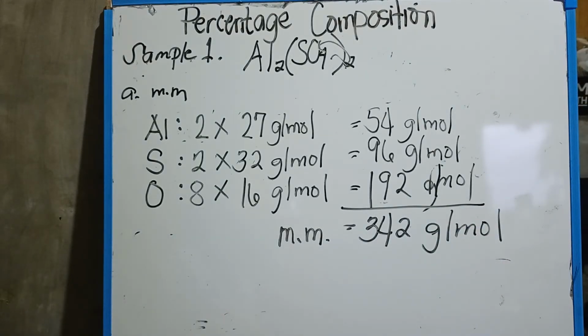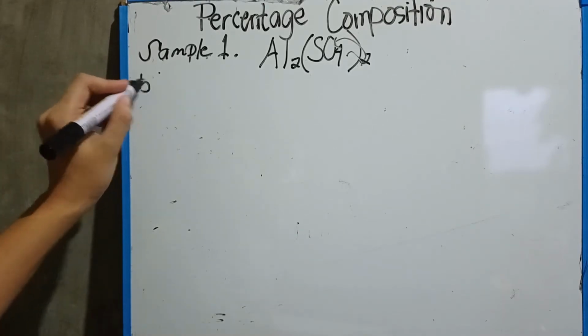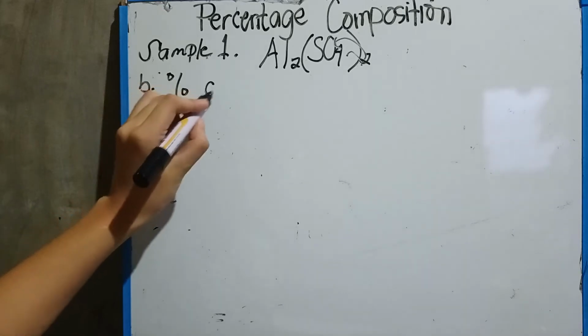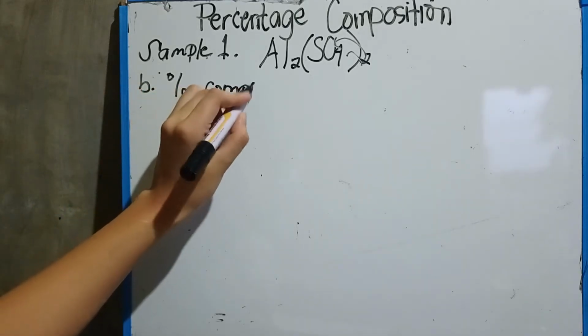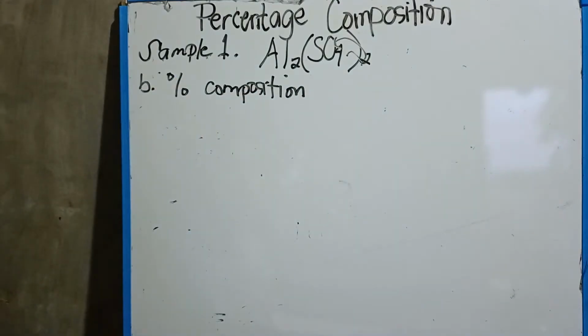So, we have now our molar mass of the compound. We can now solve for our percentage composition. Since we are done with step 1, we will proceed to step 2, which is getting the composition of the compound. We get the percentage composition one by one.